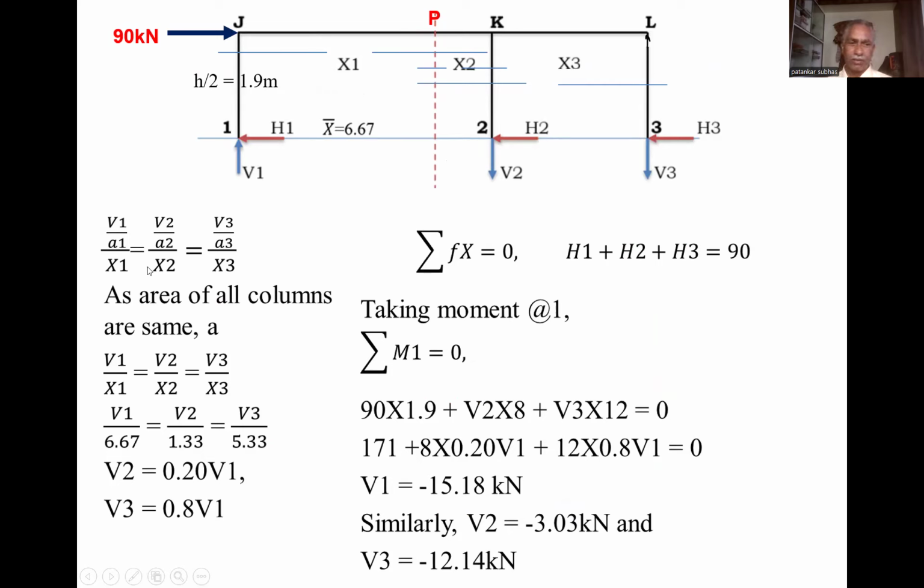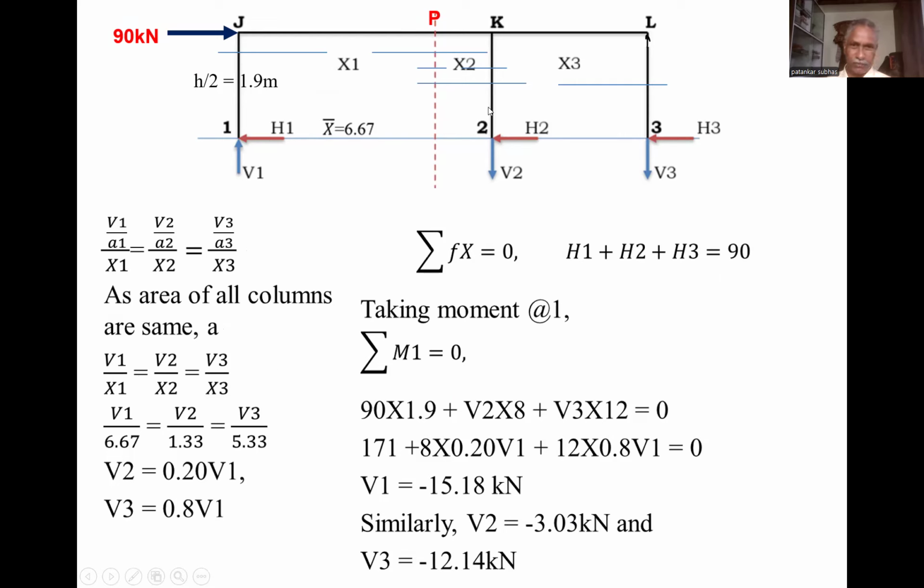Okay, and we know that the cross-sectional area of all the columns we have assumed the same, and that's why A1 is equal to A2 is equal to A3 is equal to A. So this will vanish, and we get the stress divided by centroidal distance. The distance from column number 1, or from node number 1, to the CG is 6.67. So V1 by X1 is equal to V2 by X2 is equal to V3 by X3.